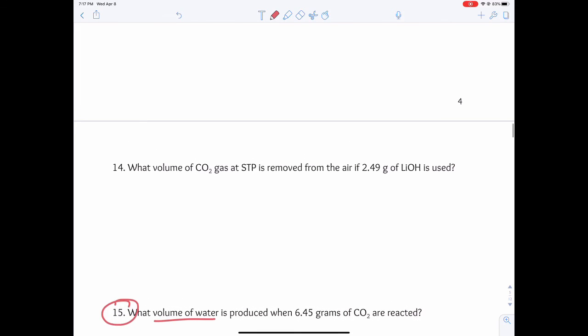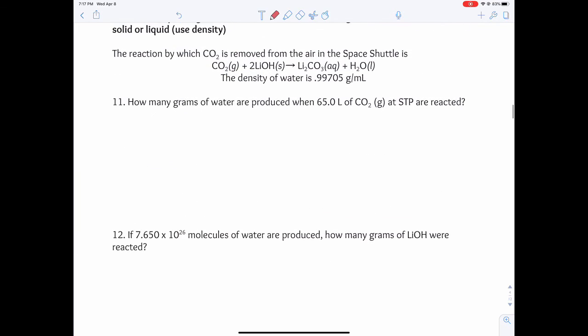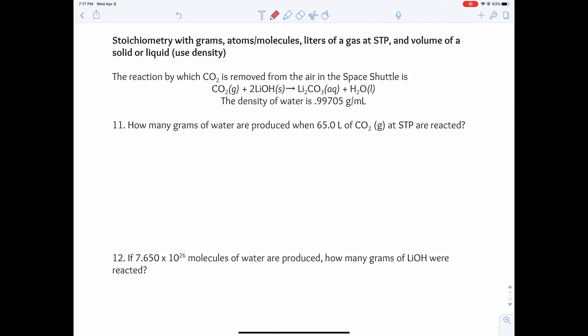If you want to look at 14, 13, 12, 11, those are going to be what the next lesson is going to be all about. It's actually not that hard.